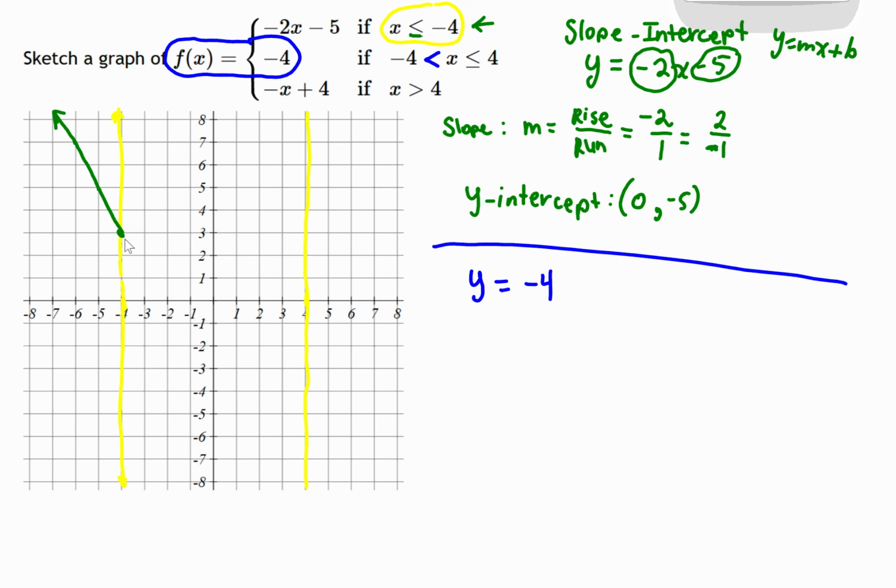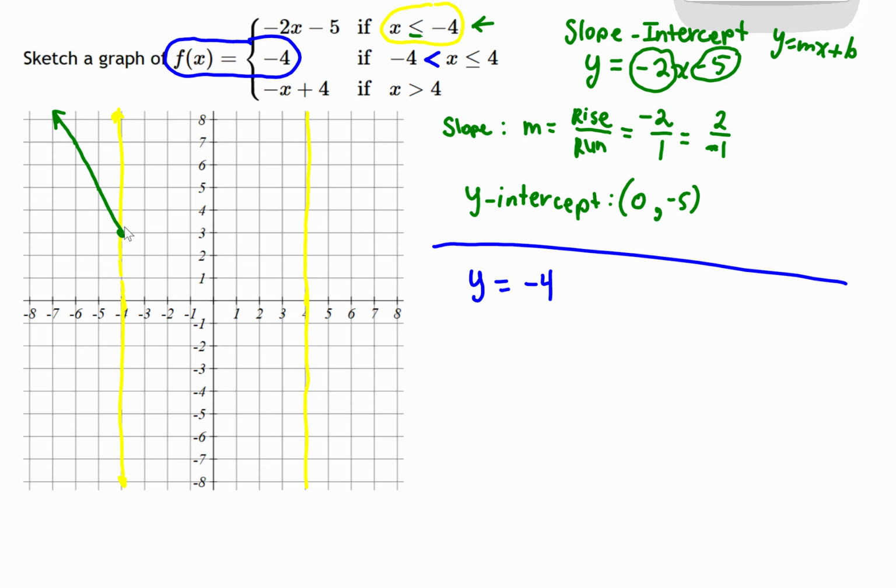If we did have equivalence there, this would no longer be a function because we would have an x value, negative 4, assigned to more than one y value, because then we would have another point right down here at negative 4 when x is equal to negative 4. So that would be a problem. That would fail the vertical line test that we use to identify whether we have a function or not. So it does not have equality in that first part right there, which makes sense.